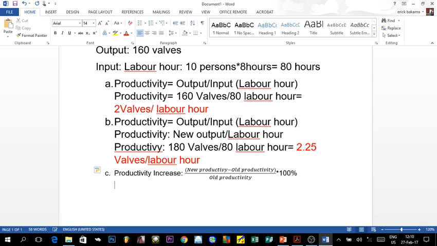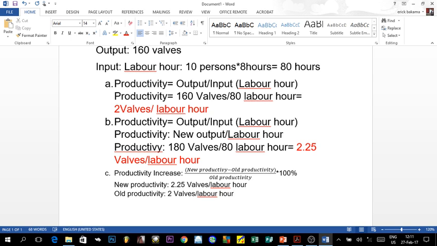So in our case here, the new productivity is equal to 2.25 valves per labor hour, and the old productivity is equal to 2 valves per labor hour.